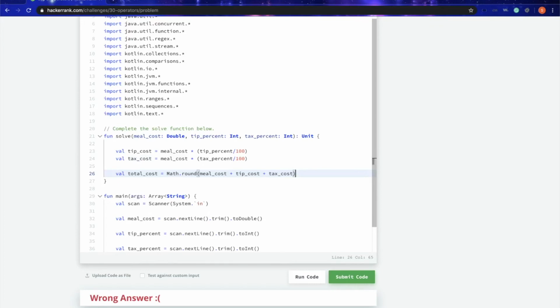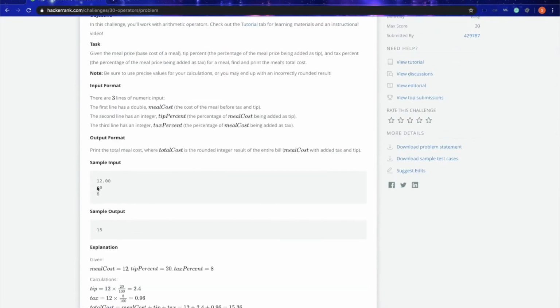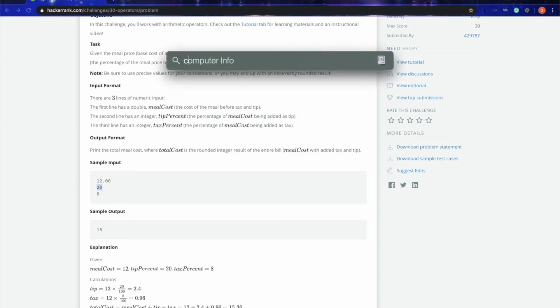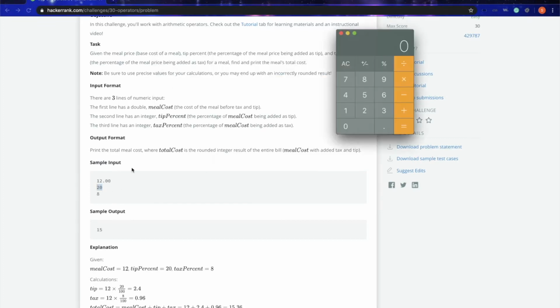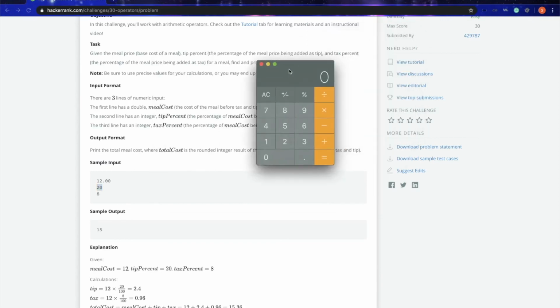Now, the trick that I was talking about is, let's say for this given example, our meal cost is 12 and our tip percentage is 20%, right? Now if you simply, I'll open the calculator, and if you simply say 20% of 12, how much is that? 20 divided by 100, let's just calculate how much this is.